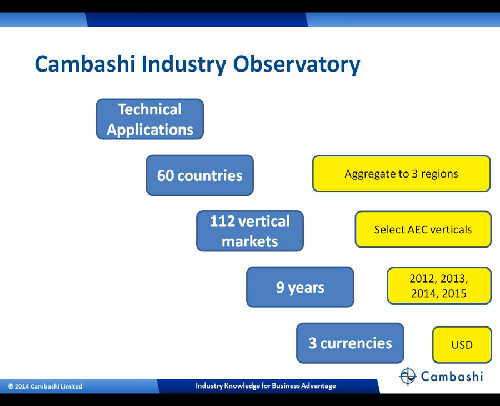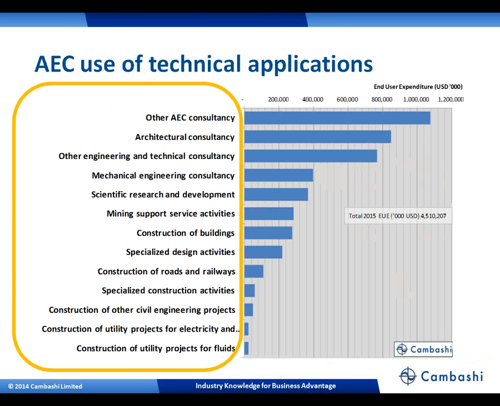So let's do that filtering using the pivot tables, drawing the chart, and here's the result. In the yellow box, you can see the 13 verticals that I've chosen from the 112 to set the scope for Imaginary's AEC market. The blue bar for each of these shows 2015 end-user expenditure on technical applications. This is a broader scope than the 11 product lines we looked at before, our competitors.